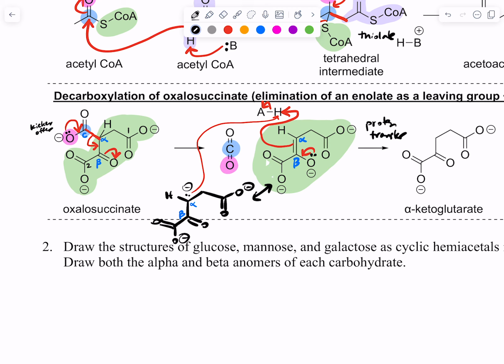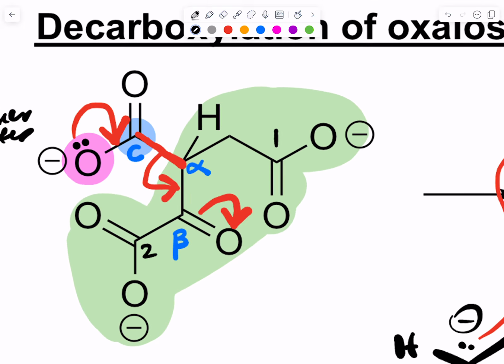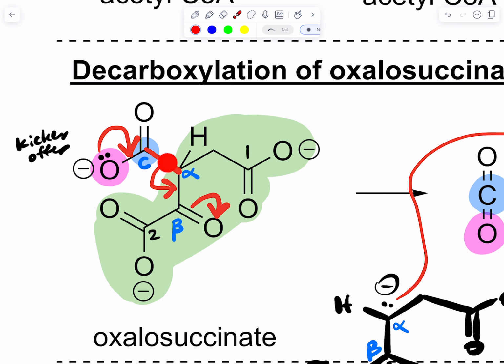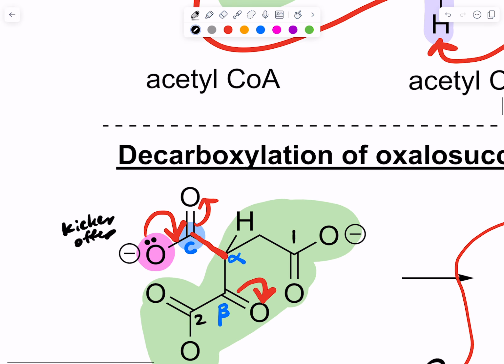Sorry, yeah, go ahead. I understand that you start with the lone pairs of oxygen, but can you explain that second arrow? Like, why don't you break the pi bond to the other oxygen? Okay, yeah, so what is it about this second arrow? You understand this first arrow. I think what you're asking is, why don't we do this? And I will tell you that happens with carboxylates all the time anyway.